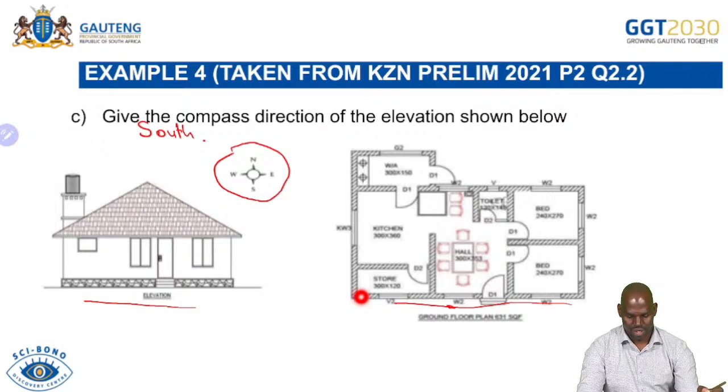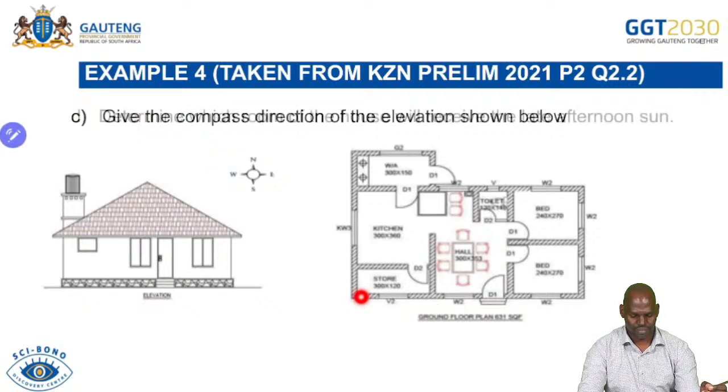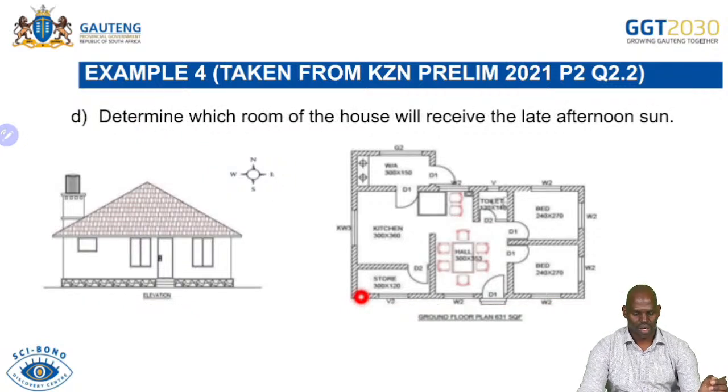And then the next question: determine which room of the house will receive the late afternoon sun. Now we need to understand our compass.